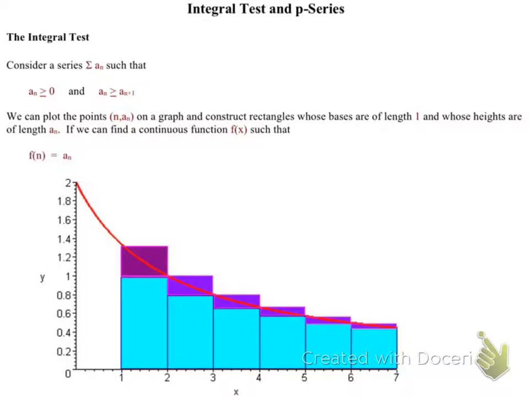You're going to consider the series, the sum of a sub n, such that a sub n is greater than or equal to 0 and a sub n is greater than or equal to the next term. That is what is being referred to right here. This is the term that is after a sub n.